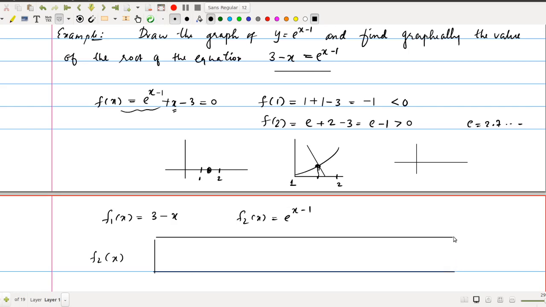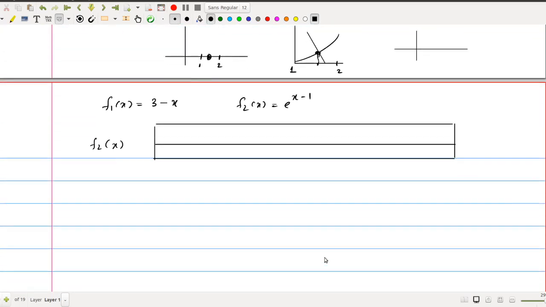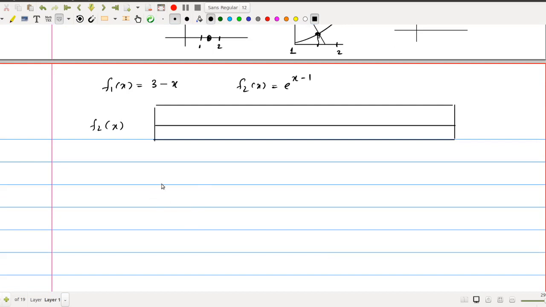So first of all, how will you take the values of x here? In order to get the values of x, we are going to draw the graph in between this 1 and 2. So we start with 1.1. This is 1, 1.1, 1.2, 1.3, 1.4, 1.5, 1.6.